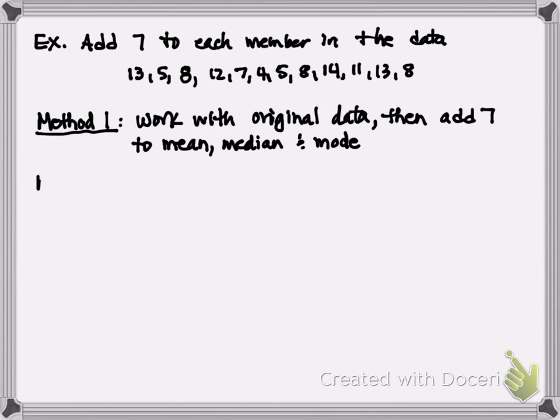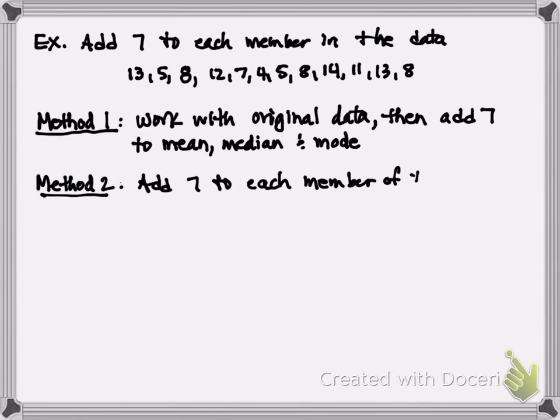That's method 1. Method 2: Add 7 to each member of the data. Then find all stats. Okay? So we have 2 options.